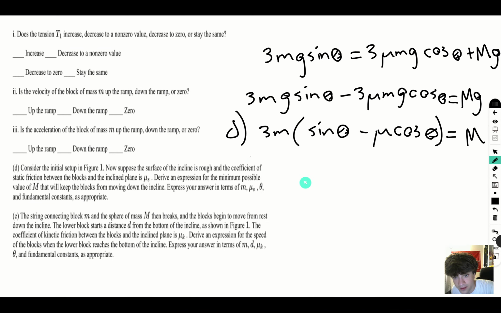So here we have an incline. We're just going to put the one block that we're considering over here. We know that it's a distance d away from the bottom, and we want to find the velocity it's going to have at the bottom over here.